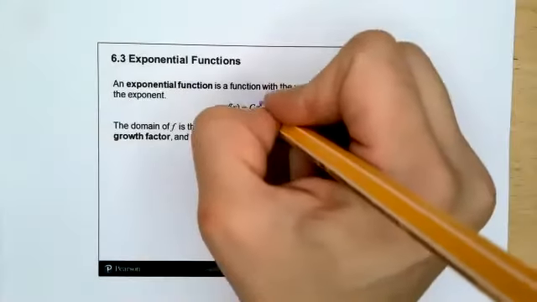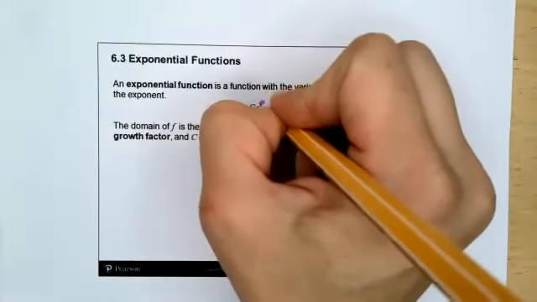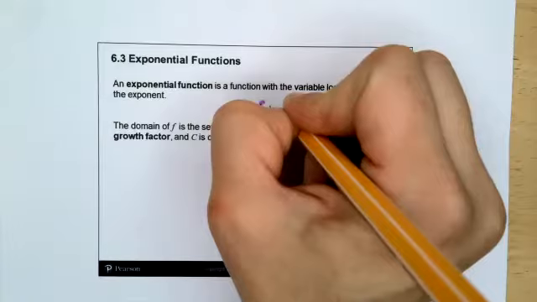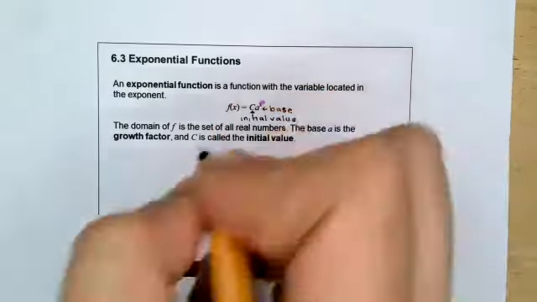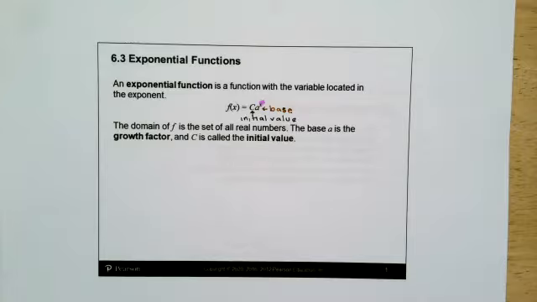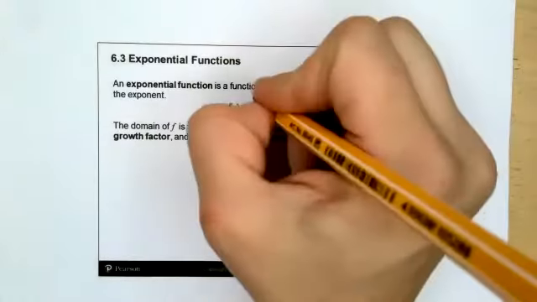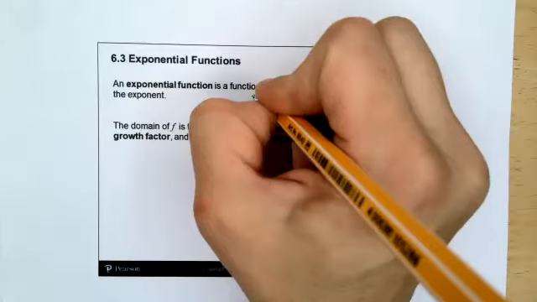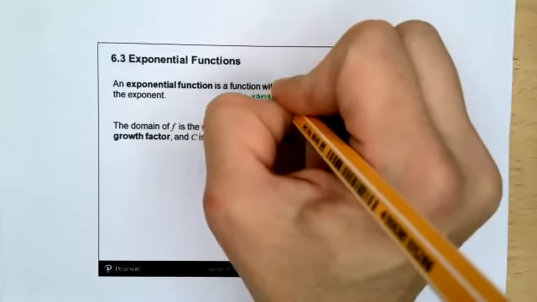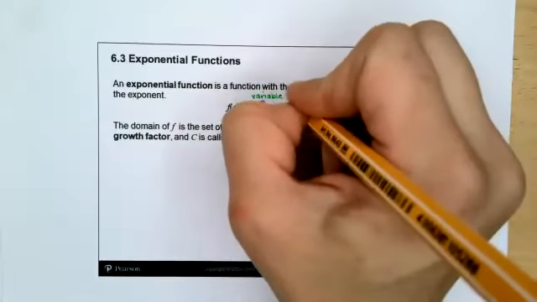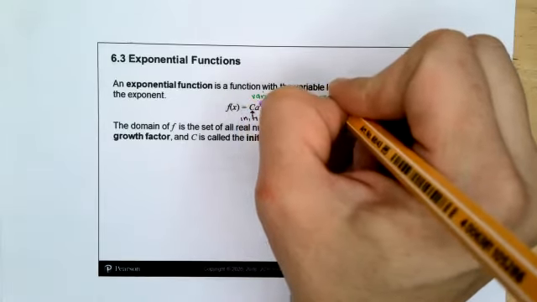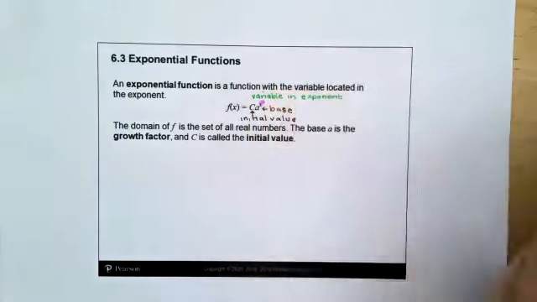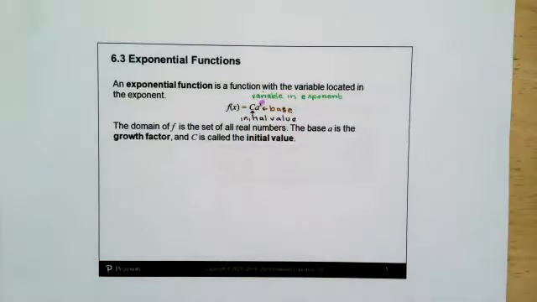C is the initial value, A is the base. Good. And then your variable is in the exponent. Good.